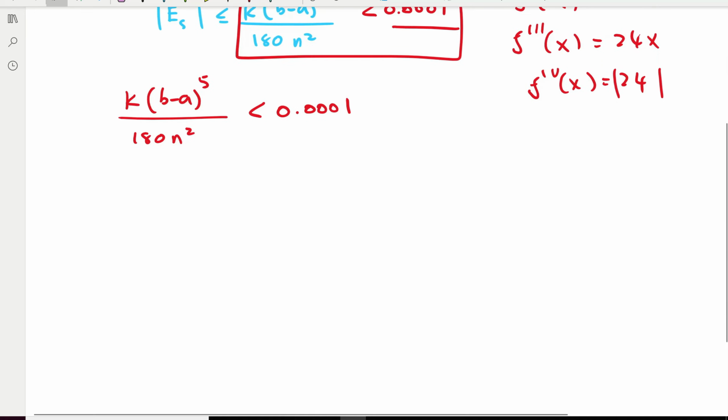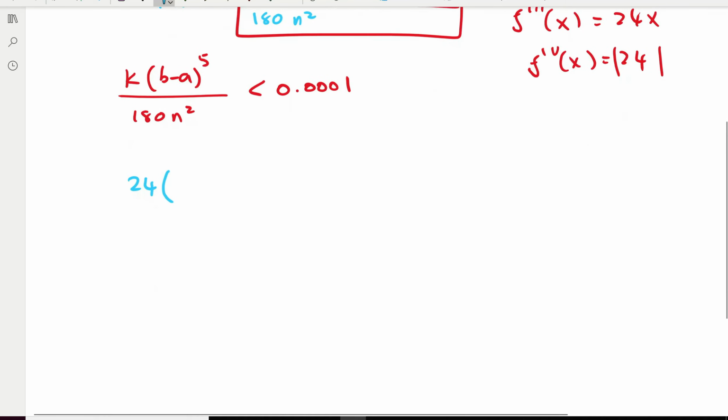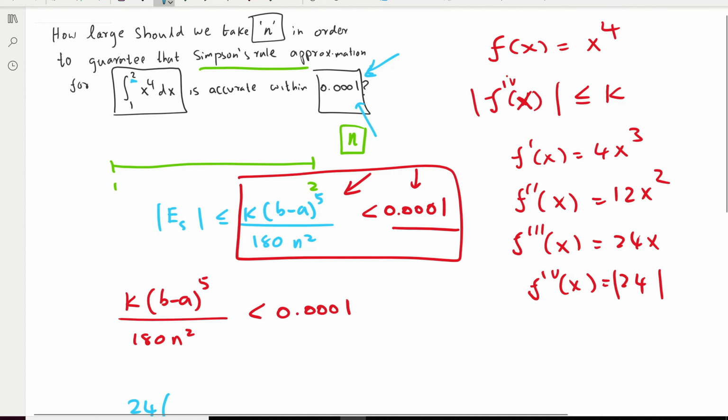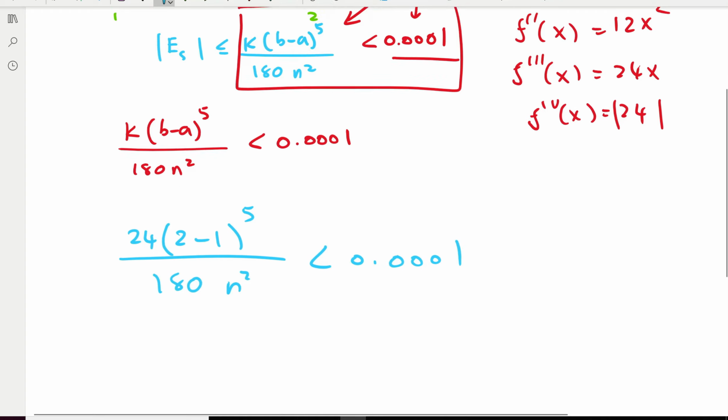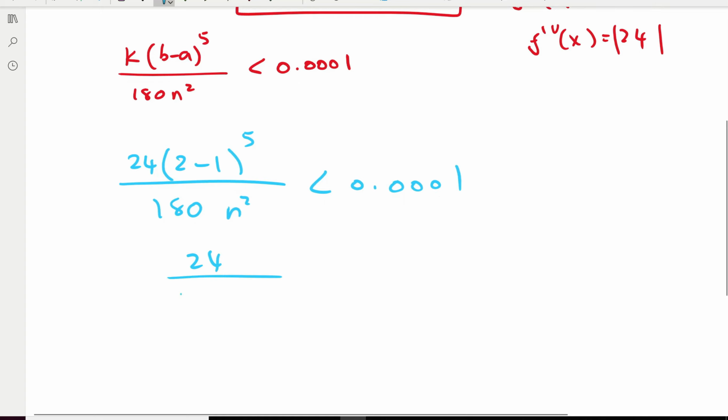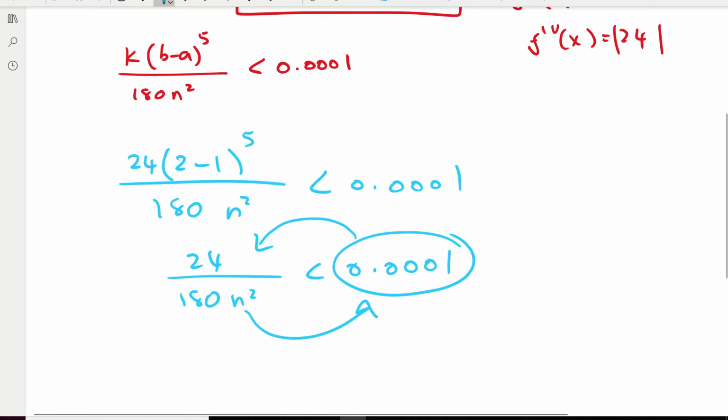Okay, so let's put that here. 24 times (b minus a) to the 5, where b is the upper limit of the integral, 2, and a is the lower limit, 1, so (2 minus 1) to the 5, divided by 180 n to the 4. We don't know n, that's what we want to find. 2 minus 1 is 1, so it's 24 over 180 n to the 4. Now I'm going to take 0.0001 to the left and n to the 4 to the right of the inequality.